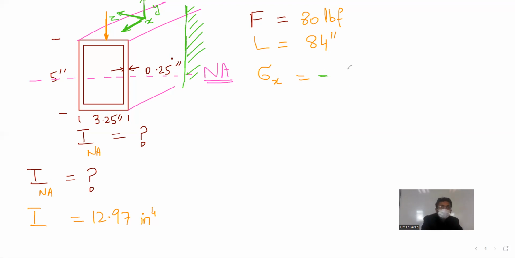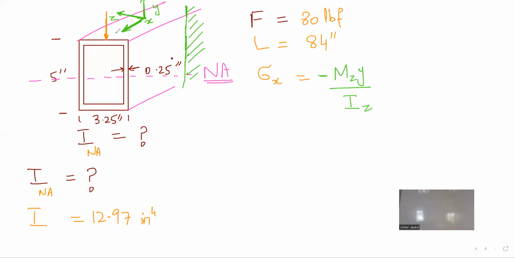But the force goes like this. No, the moment will be linked to the Z direction. If I'm putting it like this, it will go about the Z. Stand here. You have an orange arrow here.